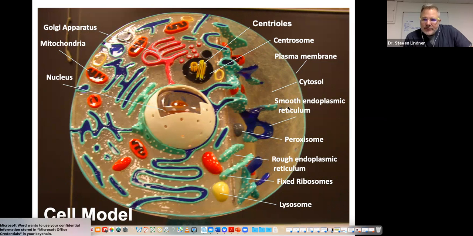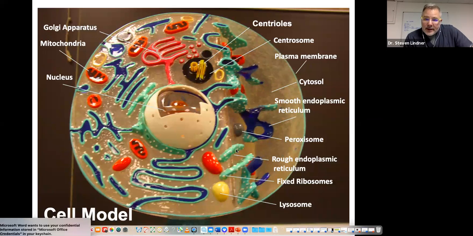If we look off to around the 3 o'clock position here, you see it says smooth endoplasmic reticulum. And then around the 4 o'clock position, you see it says rough endoplasmic reticulum.